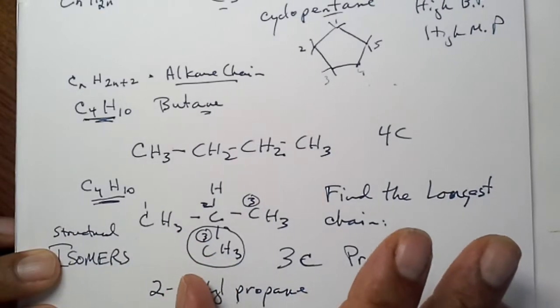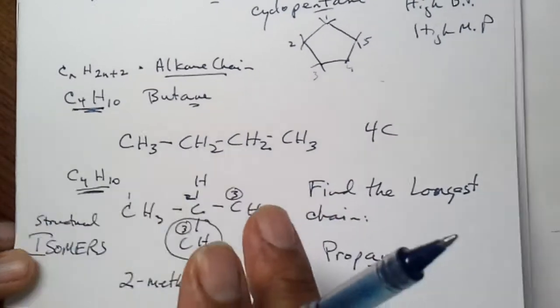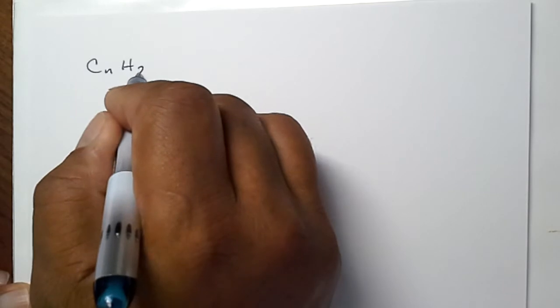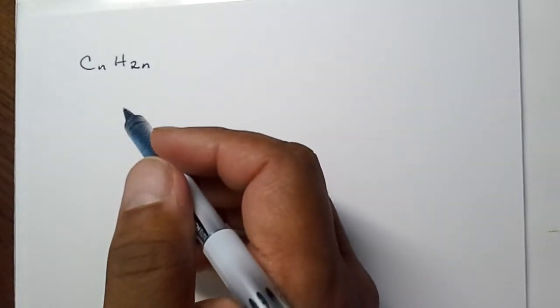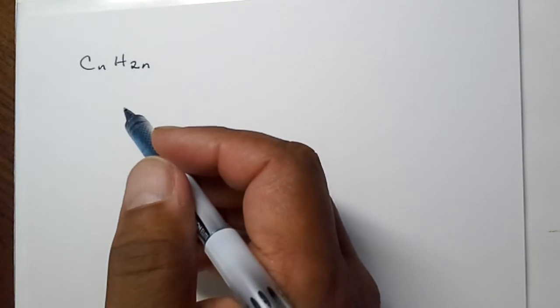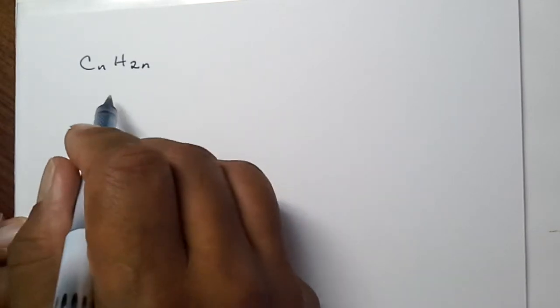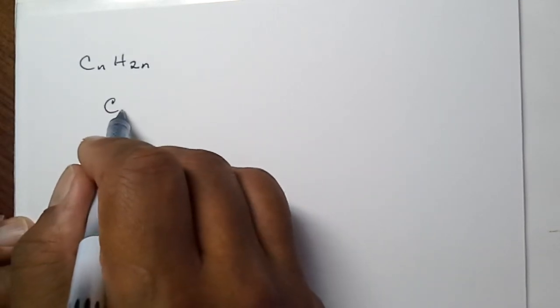Well, the same thing applies to ring structures. If we were to look at ring structures, we can also give a molecular formula, CnH2n, like C5H10.